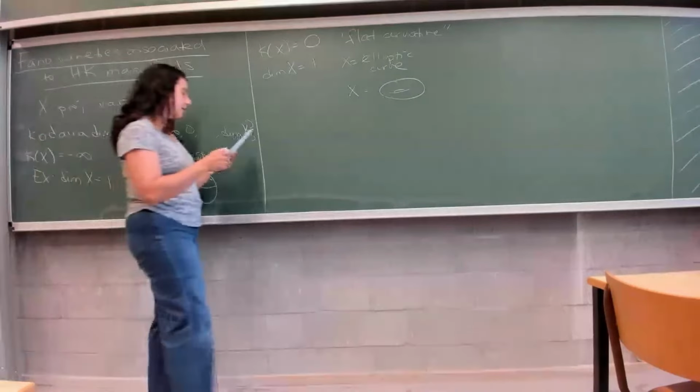Okay, and then the other kind of example we can look at, especially if we're thinking about dimension 1, right? I said the maximum value I can have is the dimension of the variety. So if the variety is a curve, this is just 1, it's our maximum. So if I look at Kodaira dimension being the dimension of the variety, this is supposed to be some kind of notion of negative curvature.